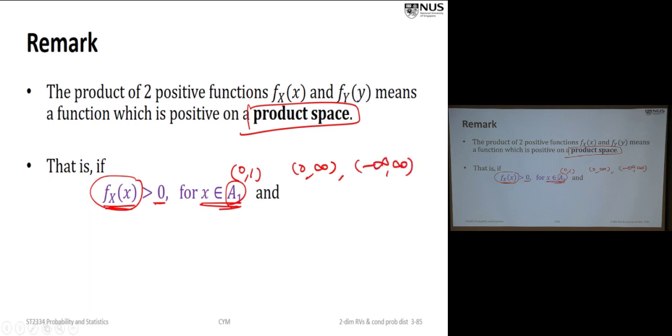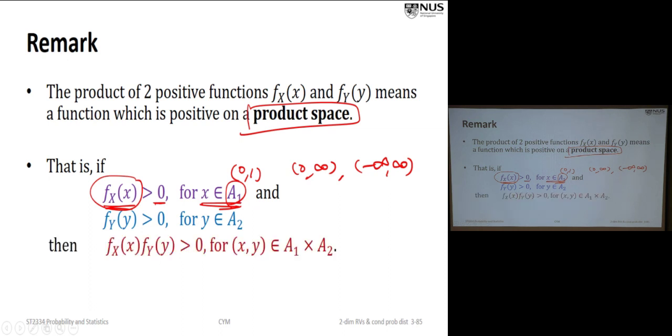So A1 can be any of this, all right, over a region. So similarly, y is bigger than 0. Remember, we're talking about bigger than 0. So outside this region, the probability density will be 0. So y in A2, it is bigger than 0. The f of y is bigger than 0.